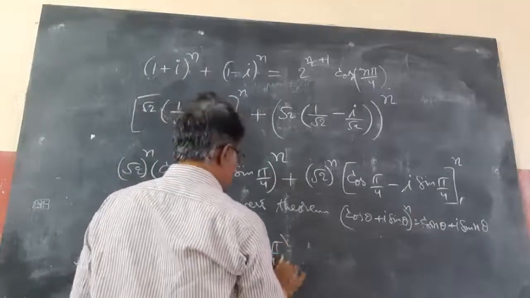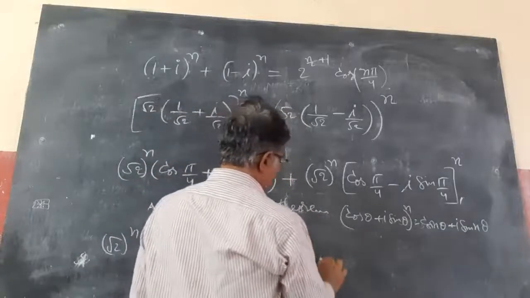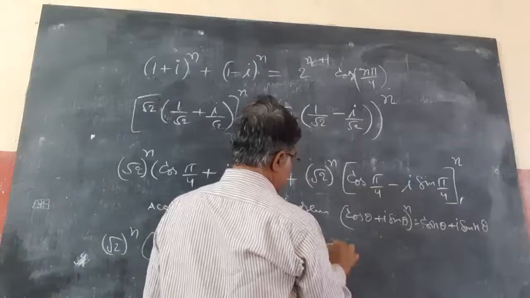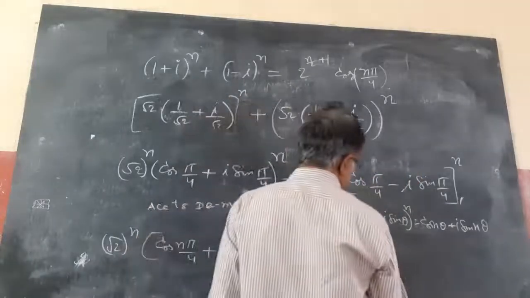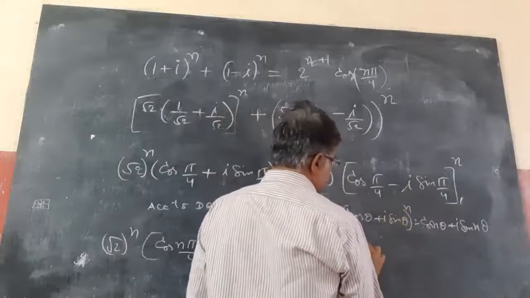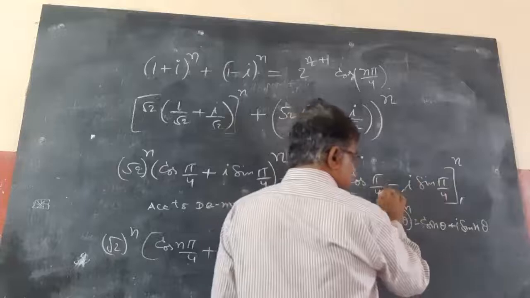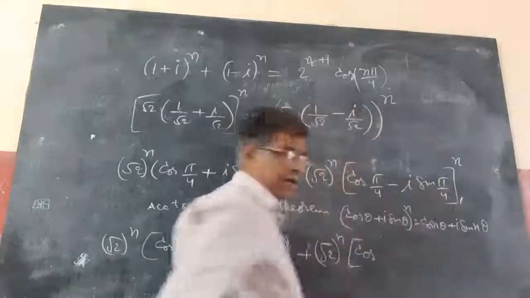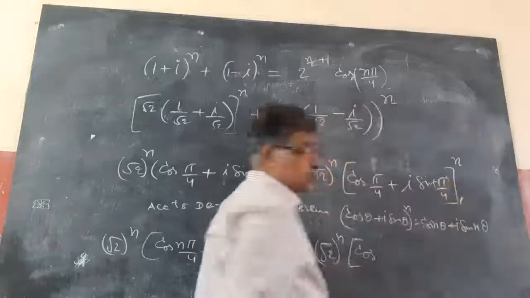Next, plus this is also same, root 2 power n into same cos n theta plus i sin n theta. Here minus is there, minus sin n theta. Because this is cos of minus theta plus sin of minus pi by 4, I can write like this is plus, this is minus. So one and same.